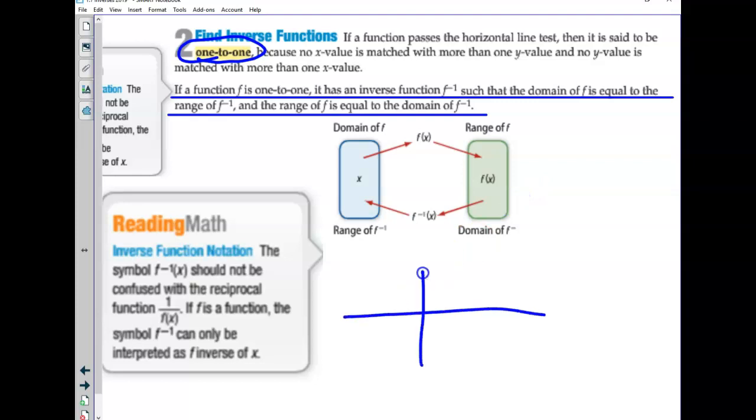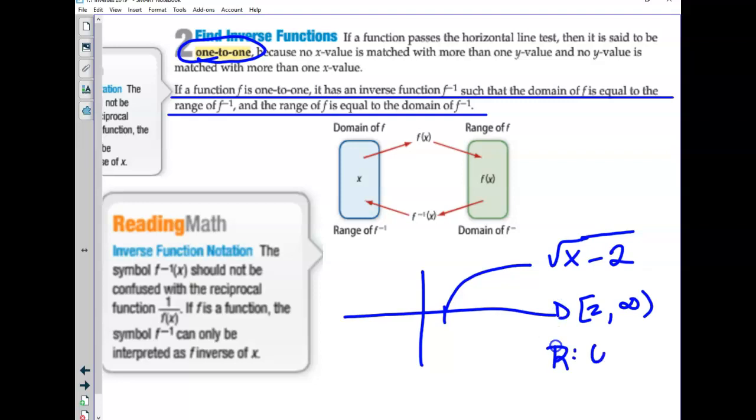So if this was our original function, say the square root of x minus 2, the domain is 2 to infinity, left to right, and the range is 0 to infinity, bottom to top.